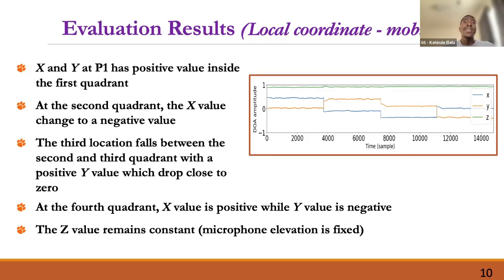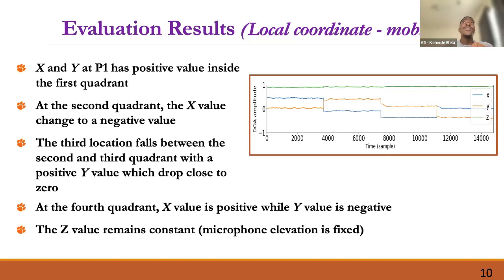We divide the locations of our equipment, where it stayed for about 30 seconds, into quadrants. For the first position, the X and Y coordinates we generated are positive. For the entire experiment, Z is the same and positive throughout, because we didn't change the elevation of our microphone array.